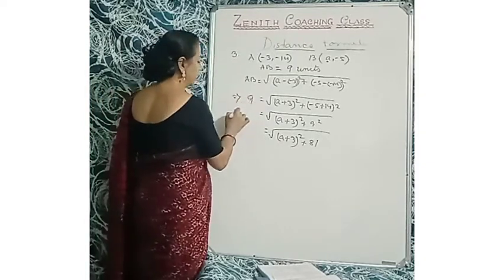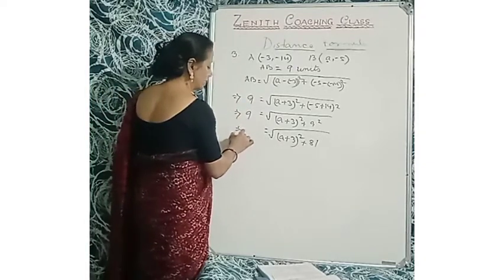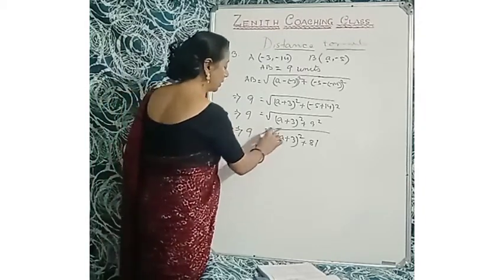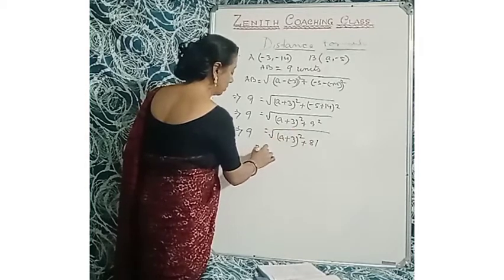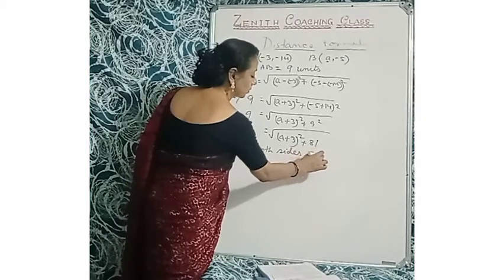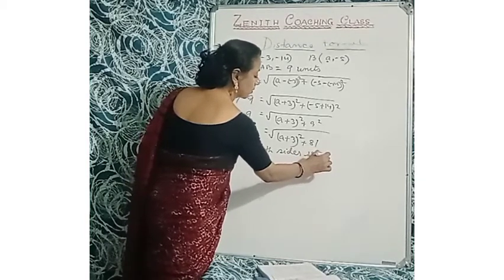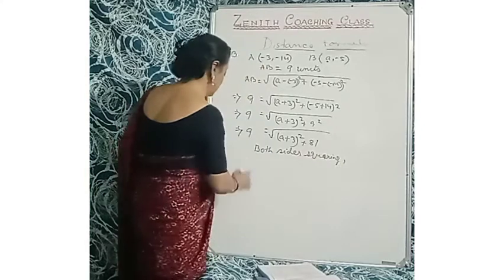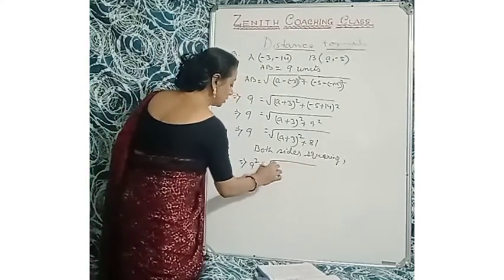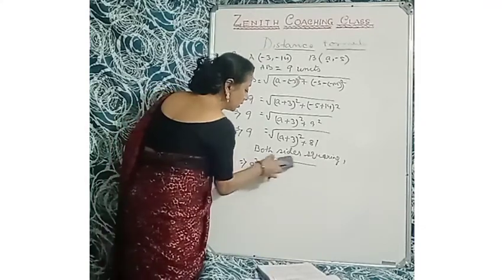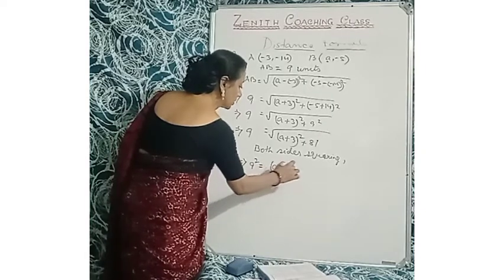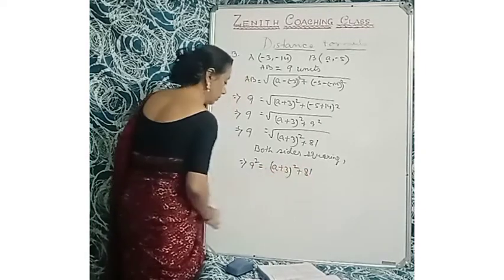So 9 equals the square root of that. Now both sides squaring, because you have to omit this square root. So 9 square equals (a plus 3) whole square plus 81.